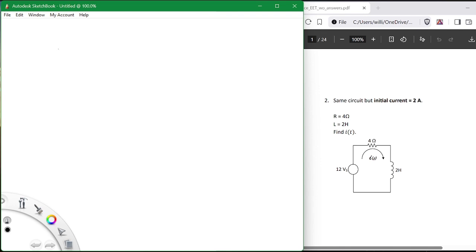Here we've got 12, and a 4 ohm up here, and we've got our same 2 Henry over here. But now I have an initial current of 2 amps, so I've got 2 amps going through this at t equals 0. So now what do I do? Well, I have to rebuild this in the S domain.